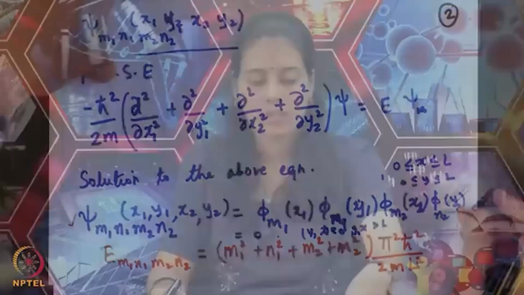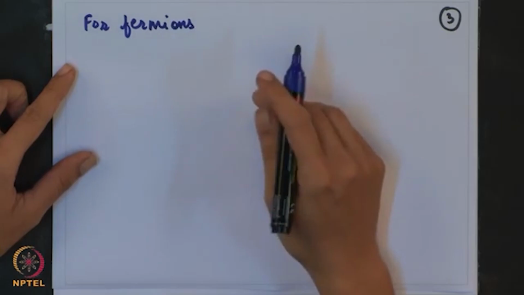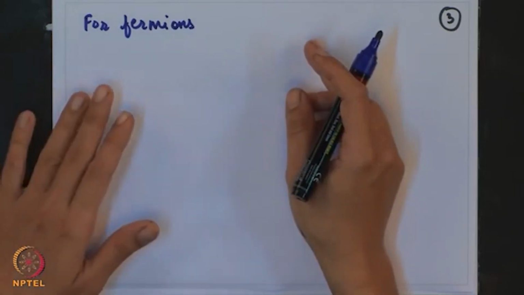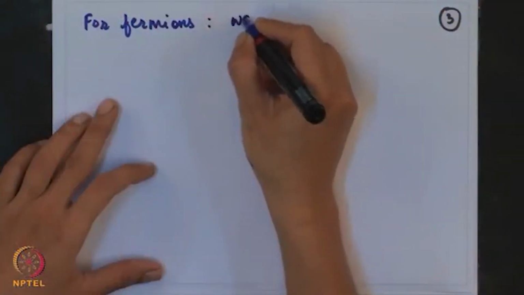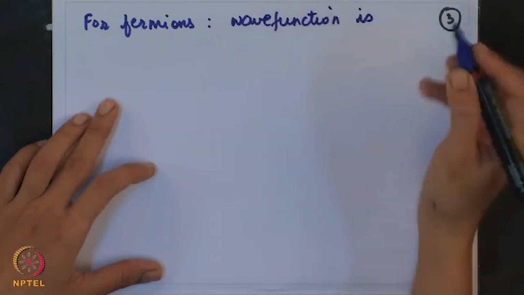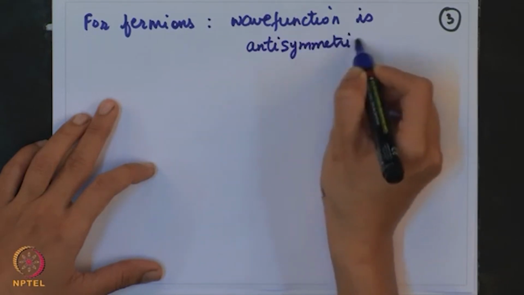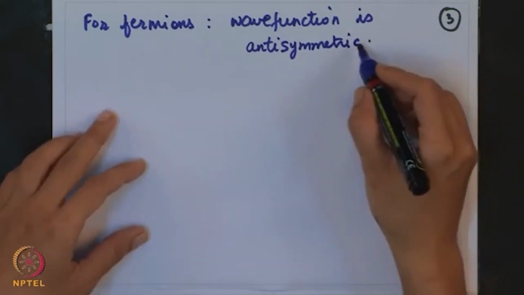Now, for the case of fermions, as you have seen in the lecture already, the wave function is antisymmetric under exchange of particles.